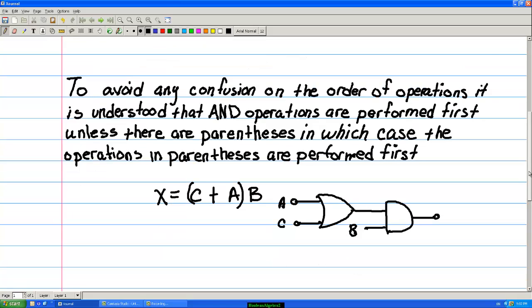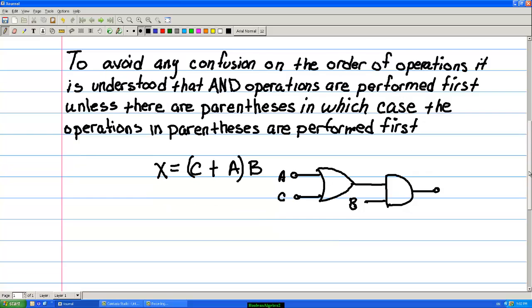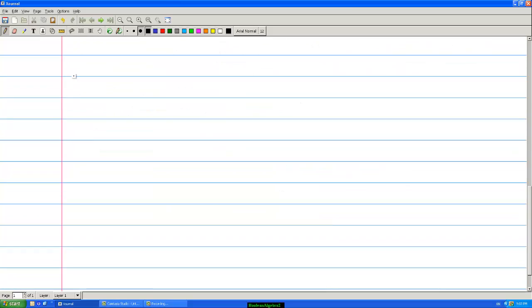Now let's go on to how we express the operation of inverters in Boolean algebra. Inverters only operate on a single variable. It's just a single input device. So we have the symbol here for an inverter.